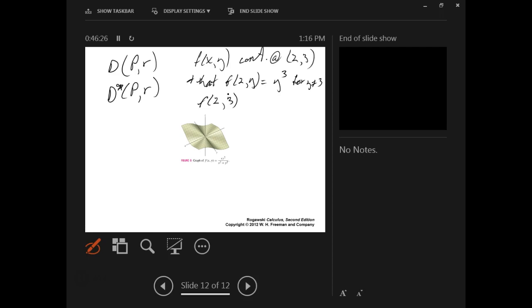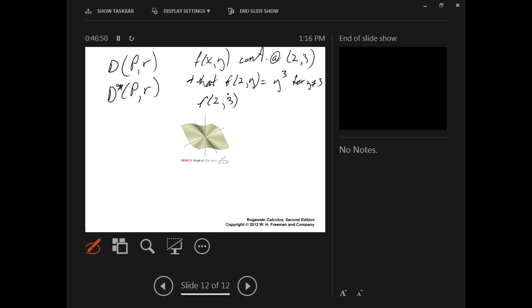But for it to be continuous everywhere, that includes this, so it would have to be continuous at 2. Okay. I don't know if that answers your question, but all right.